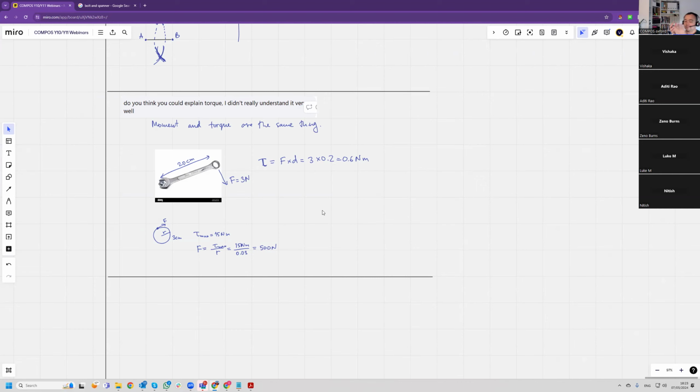If you think about it, when you're talking about engines, the important parameters are torque and power. Torque is the maximum force that the engine can produce. But we can't talk about force because it depends on the radius of the wheels, for example.